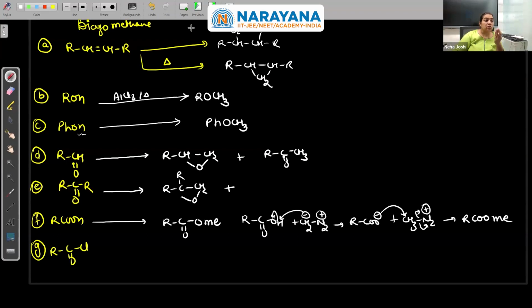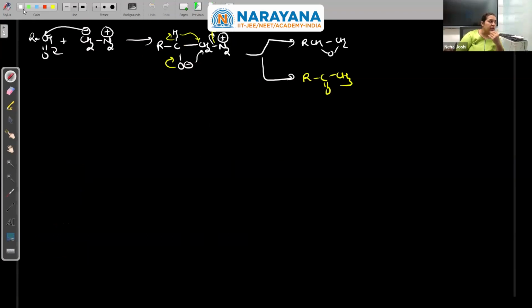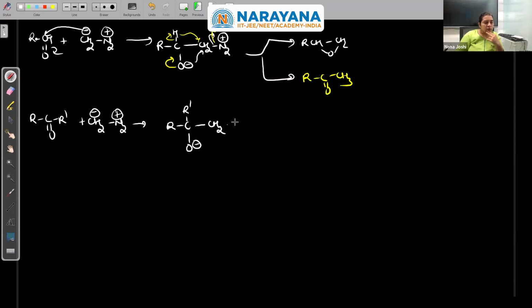Whereas if it is ketone, and I do the same exercise for ketone, RCOR dash plus CH2 minus N2 plus, then the same way R dash O minus CH2N2 plus, N2 goes, O minus attacks, so RCR dash CH2O is the epoxide.